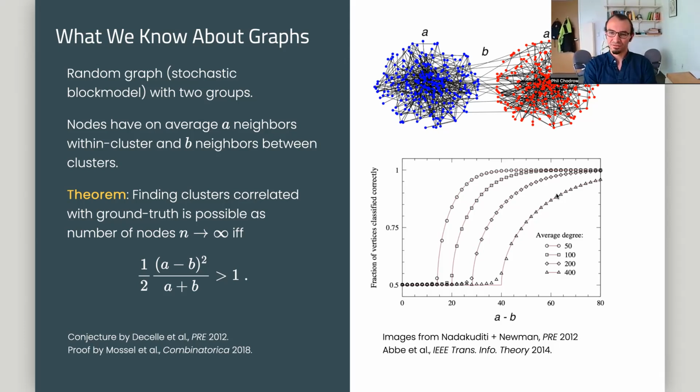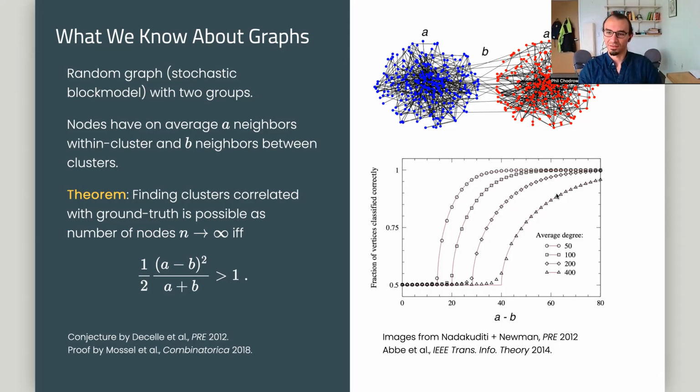So here we have a red group and a blue group. And in these groups, nodes in each group have, in expectation, A edges connecting them to other nodes within that group. So every red node has, in expectation, A edges connecting it to other red nodes. But then nodes also have, in expectation, B edges connecting them to nodes in the opposite group.